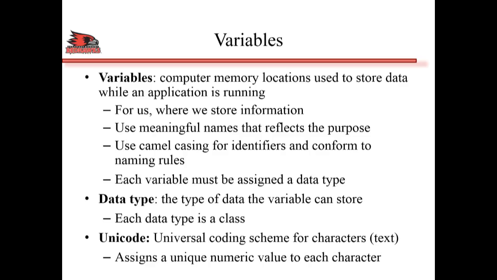But before that, each variable must be assigned a data type. So what is a data type? Well, as an example, an integer is a data type. So 0, 1, 2, 3 to whatever, and even negative 1, 2, 3. Any whole number is an integer and it's a data type.